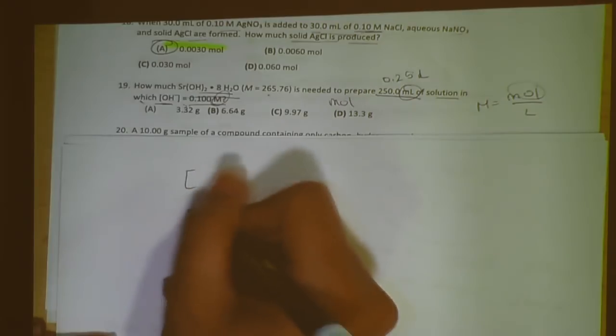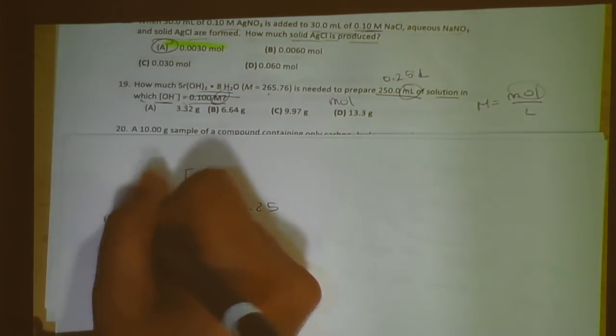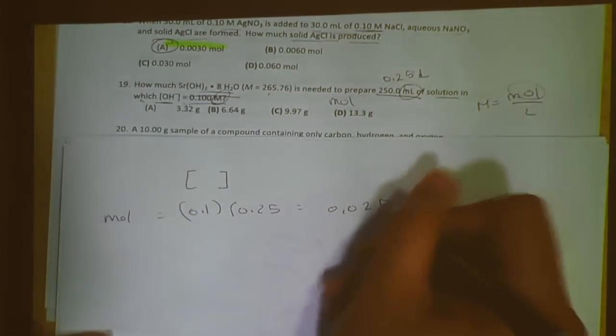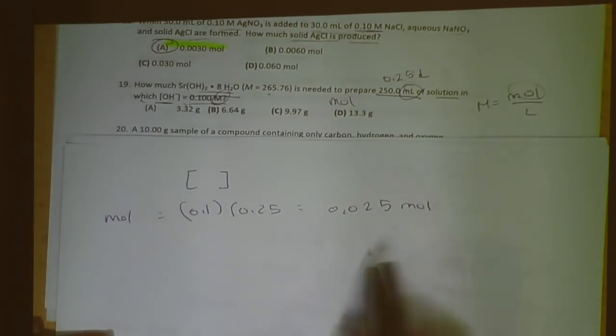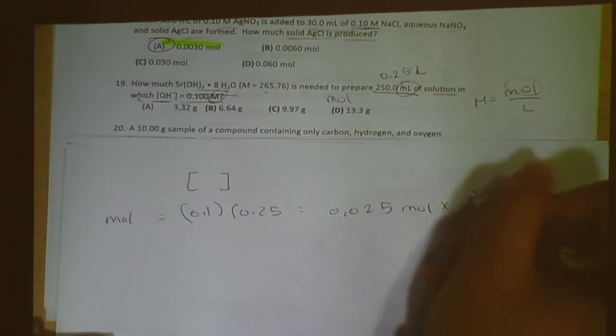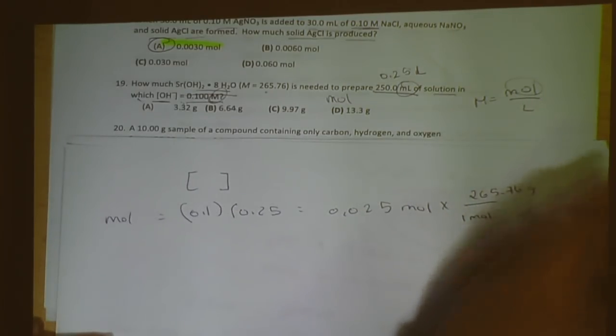So 0.1 times 0.25 gives you moles, which is equal to 0.025. And then to convert from moles to grams, you multiply by the molar mass. So 1 mole has 265.76 grams.